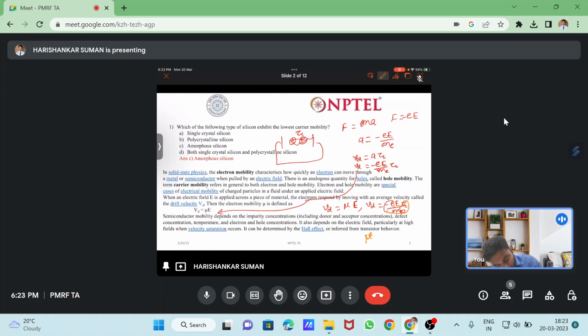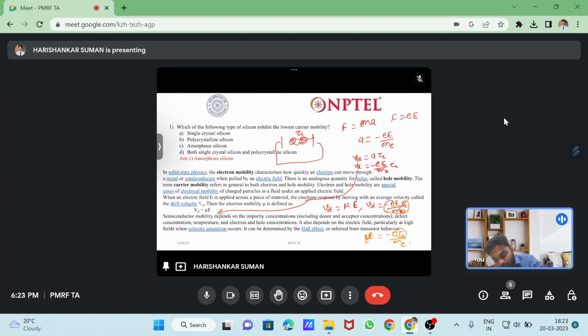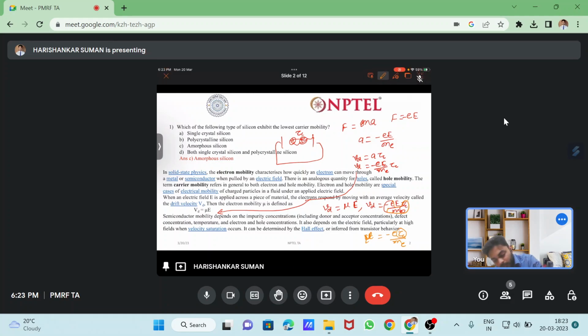What is the value? Charge times tau c divided by m. It is related to the charge carrier lifetime also. Okay, let's move further.